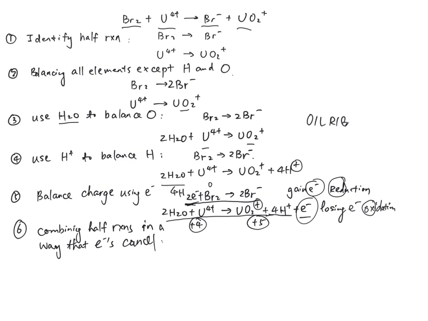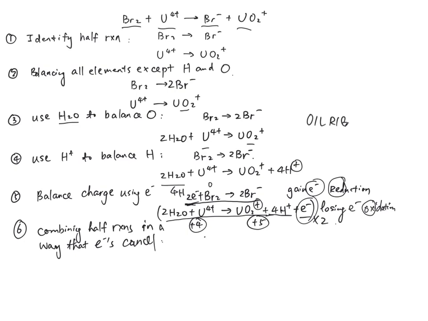Well, you're going to have to make the oxidation reaction happen twice. Because happen once, you get 1 electron. Happen twice, you get your second electron. And those 2 electrons are what the bromine molecule needs.